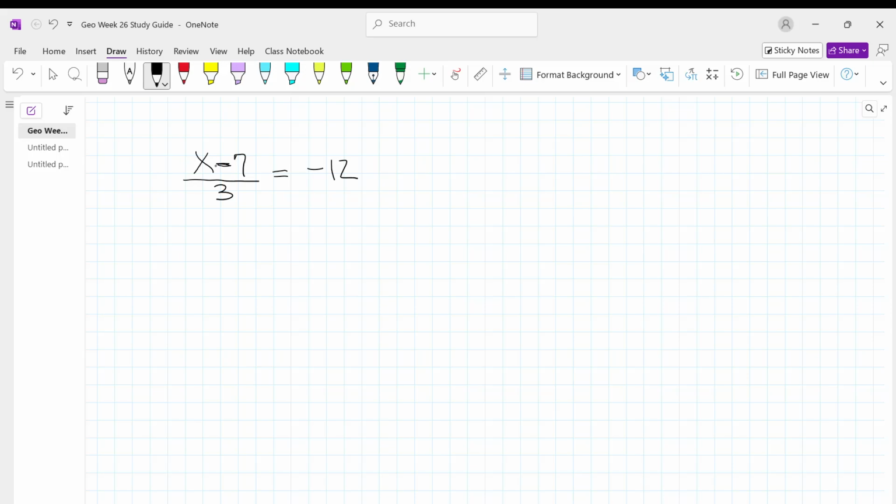So if the x minus 7 is being divided by 3, we multiply both sides by 3. These two 3's cancel out. The x minus 7 falls down, and it's equal to negative 12 times 3 is negative 36.